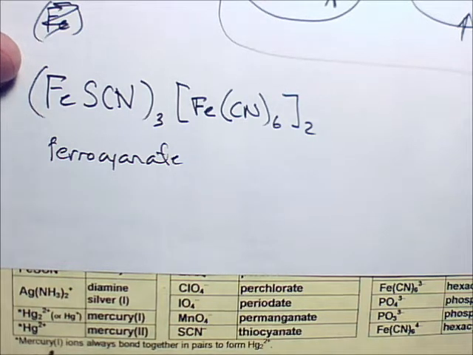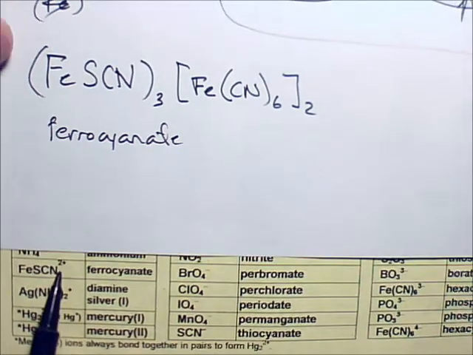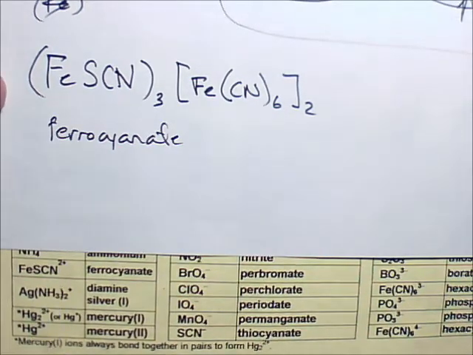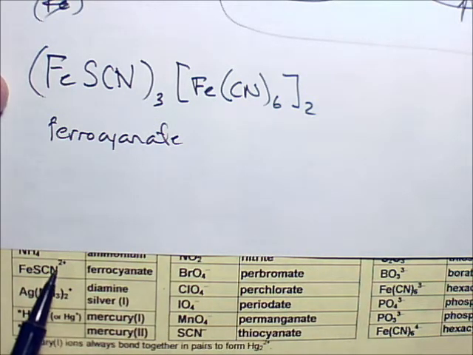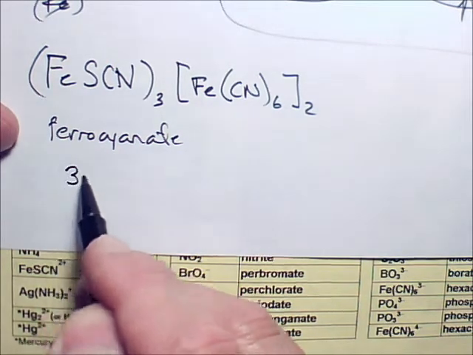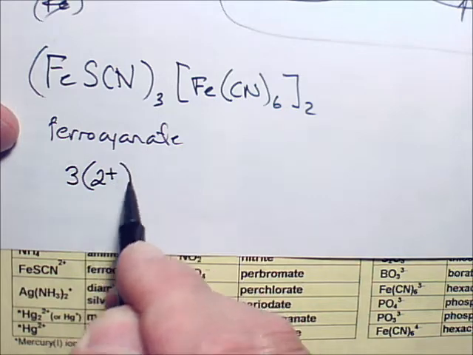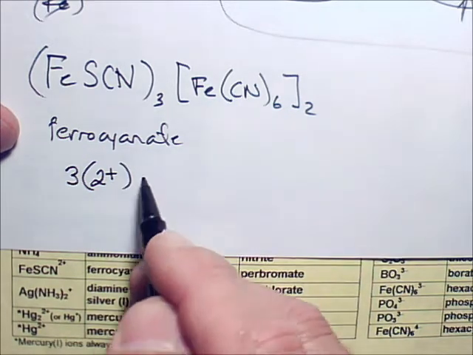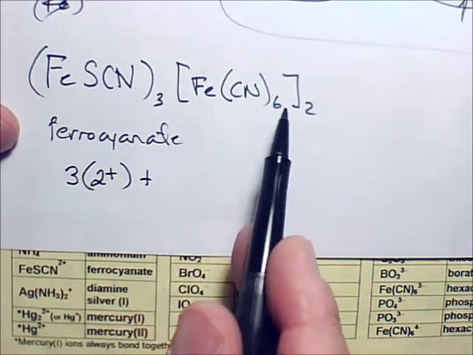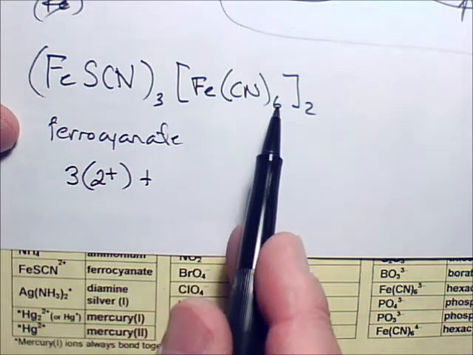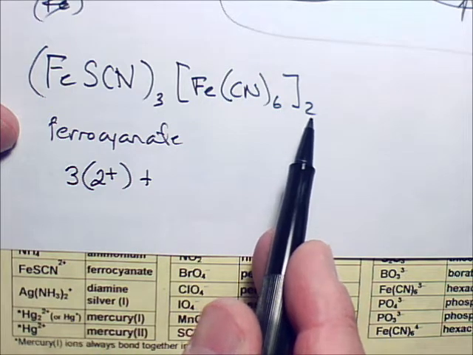Okay, well, hold on a minute. This is not that hard. How many of these things do I have? I have three of these, right? Okay, and each one of them has a 2 plus charge, correct? So 3 times 2 plus. Okay? And how many of these things do I have? 2 of them.